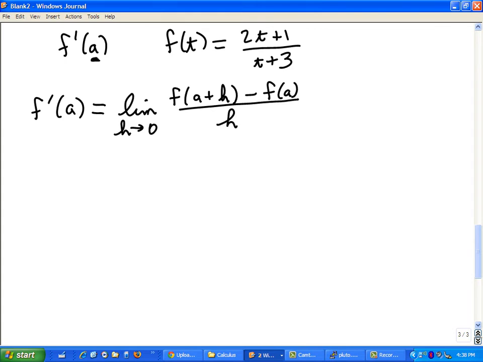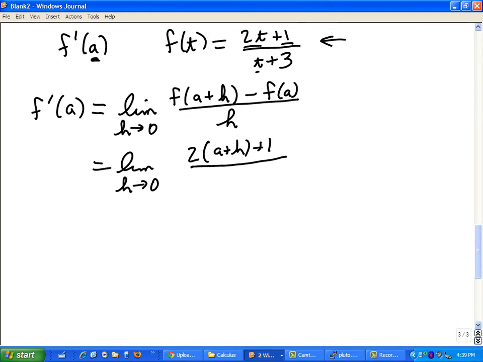Now we have to know what f of a plus h means. Well, our function here does what to any number? It multiplies it by 2, adds 1, and then divides by the number plus 3. So in other words, f of a plus h means 2 times a plus h, plus 1, divided by, what I'm plugging in is a plus h, plus 3.